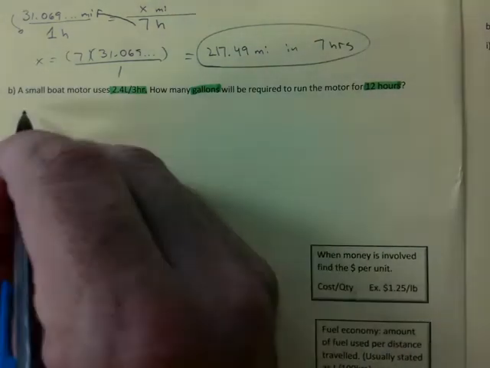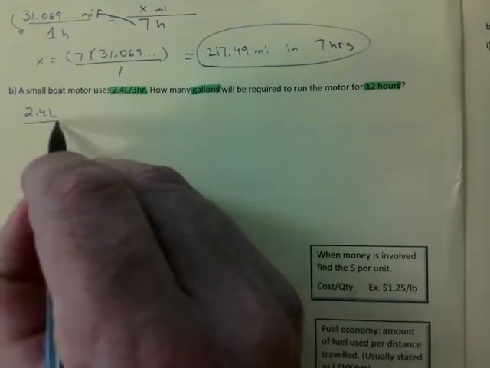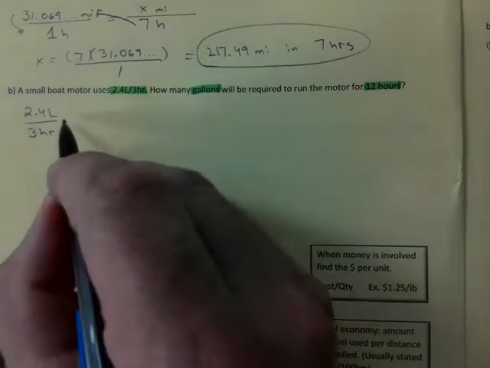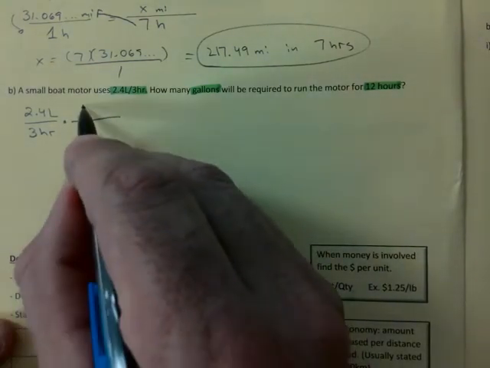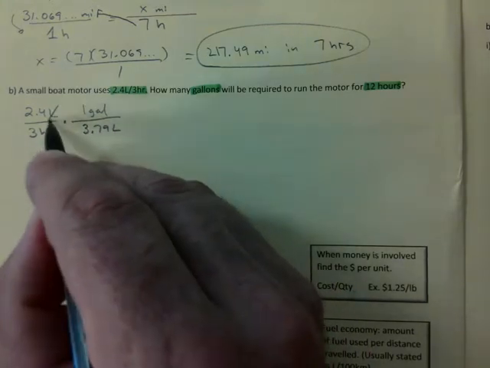Okay. So I'm going to go 2.4 liters in 3 hours. I kind of keep them together. Okay. And then I'm just going to go 1 gallon has 3.79 liters. Cancel the liters.